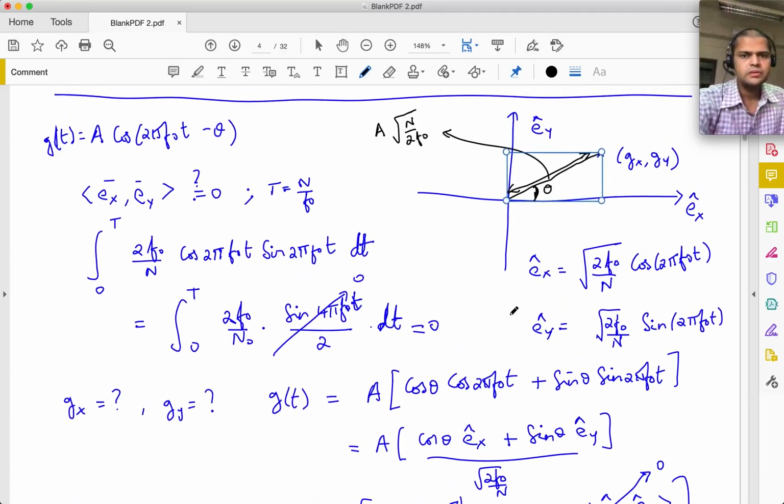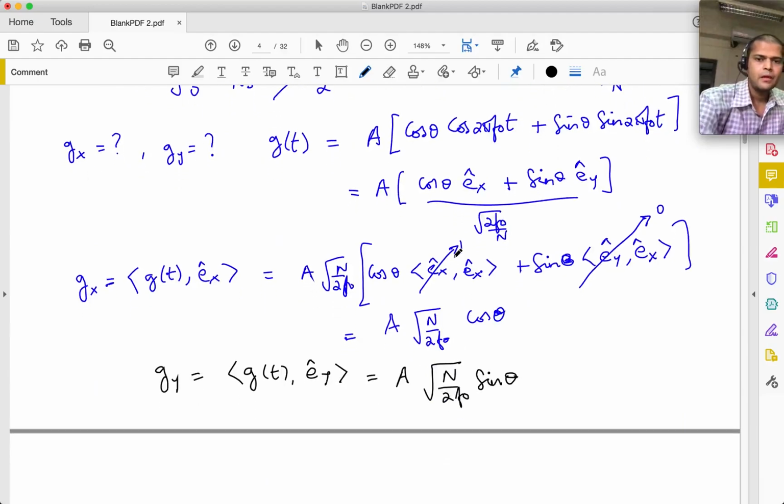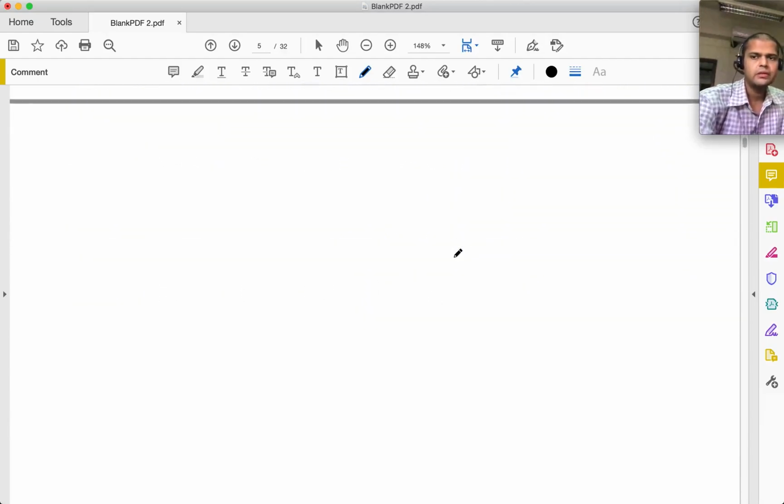So our intuition was correct, which we started out. We said you have cos 2 pi f0 t on this axis, sin 2 pi f0 t represented on this axis, and any linear combination of those could be represented by a point in this vector space. Okay, so what's going to happen when, suppose I transmit g of t and it gets attenuated?